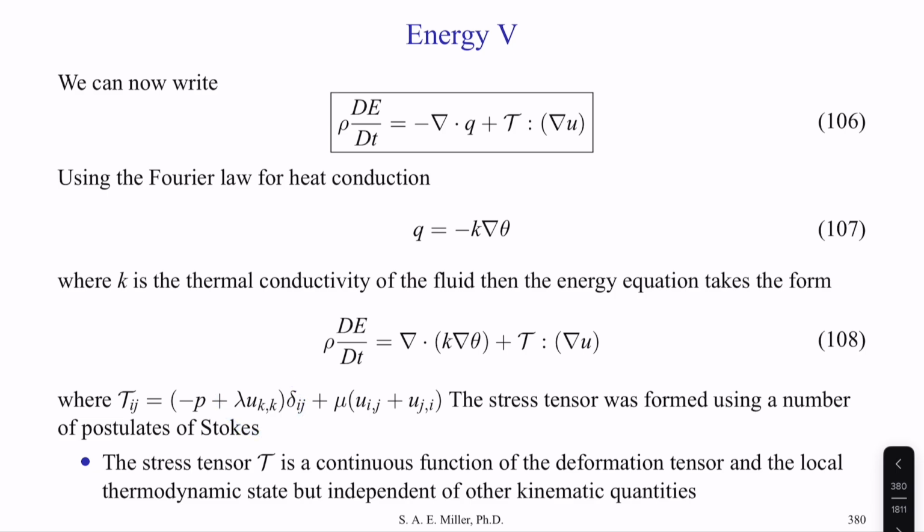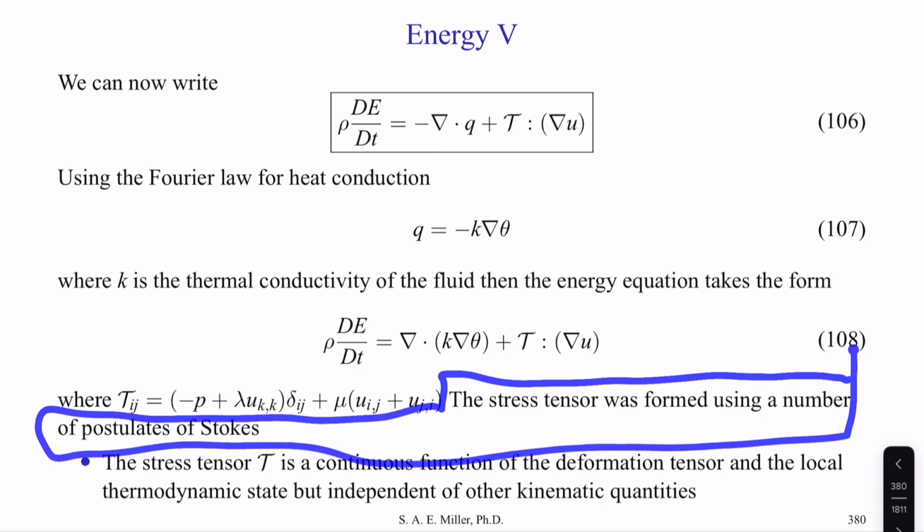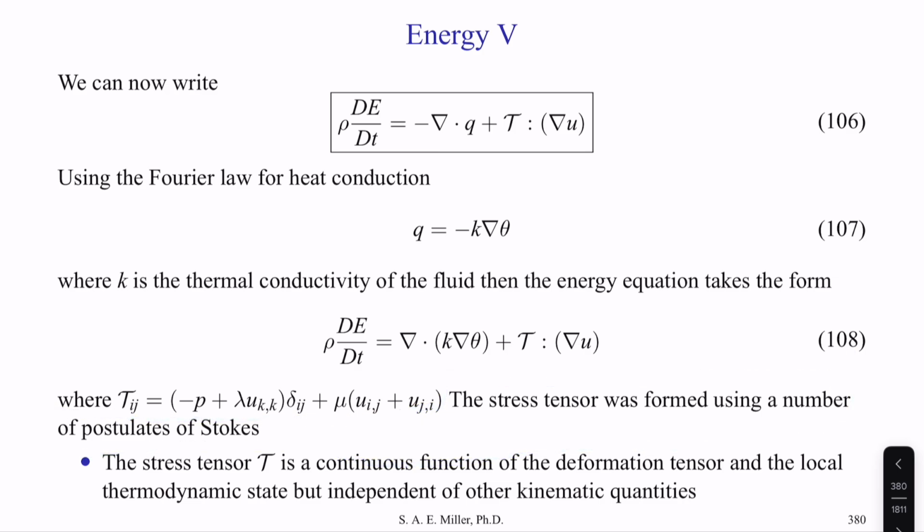This stress tensor was formed with a number of postulates of Stokes, of course, as we discussed way back in the history of this class. And in the next lecture, we'll look at its formation, in particular, the stress tensor. We'll assume that the stress tensor is a continuous function that involves the deformation tensor and the local thermodynamic state, but it will be independent of other kinematic quantities, and you can see that in this term.